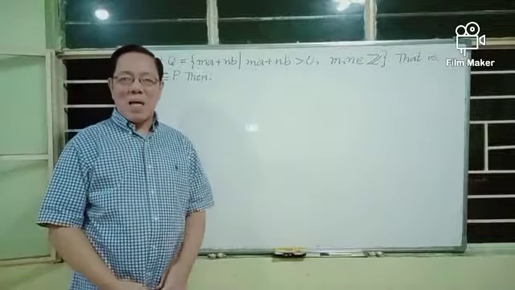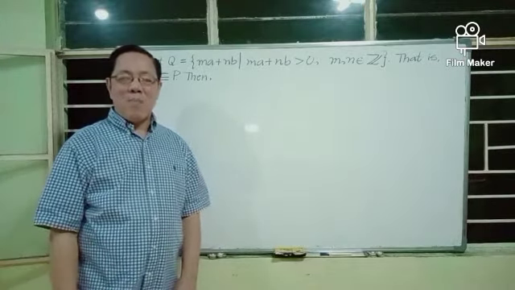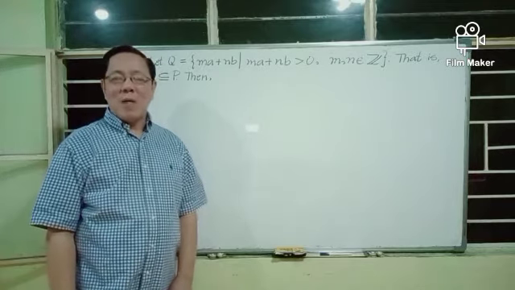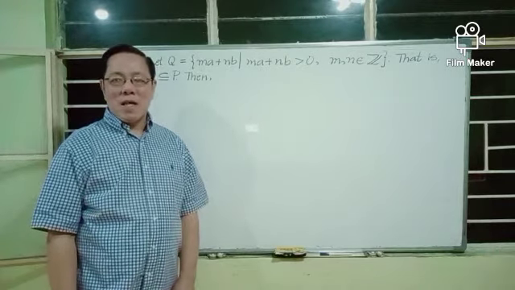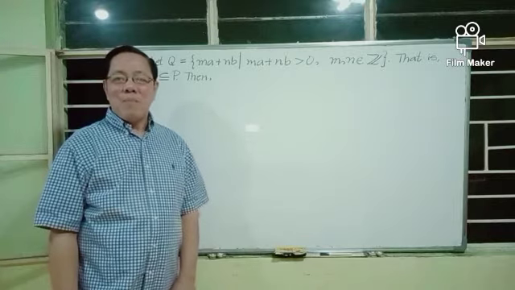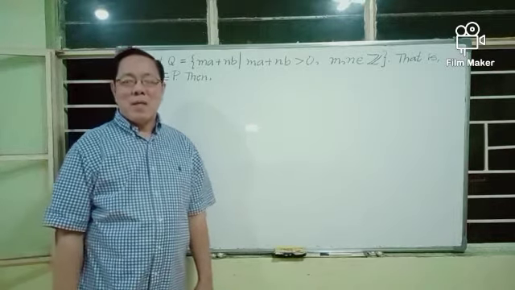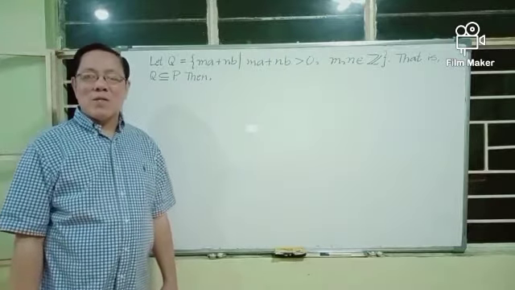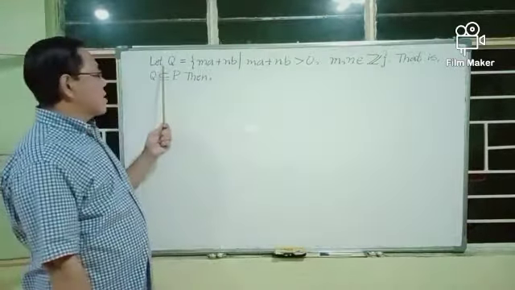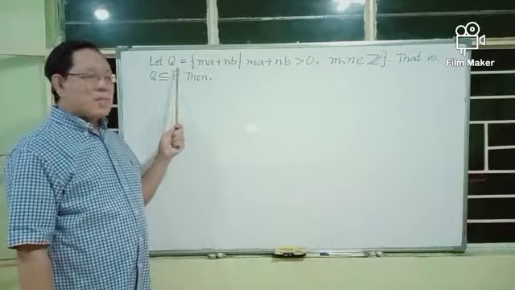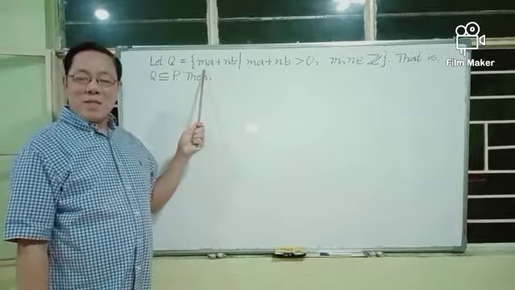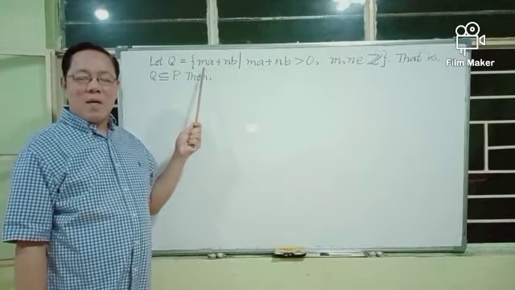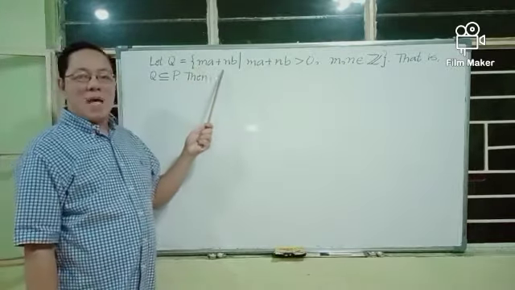Again, we denote by capital Q the set of positive integers that are elements of set P. We have just shown earlier that set P contains positive integers, and we collect all these positive integers into one set and call it set Q. So set Q is the set of all positive integers, elements of set P, and the elements of set P are of the form ma plus nb.